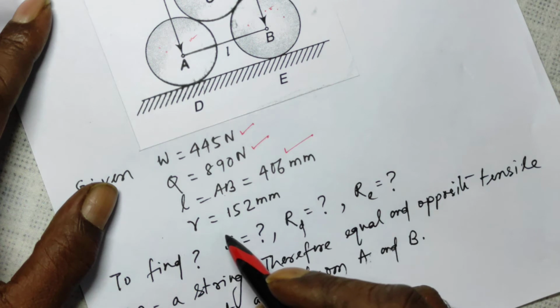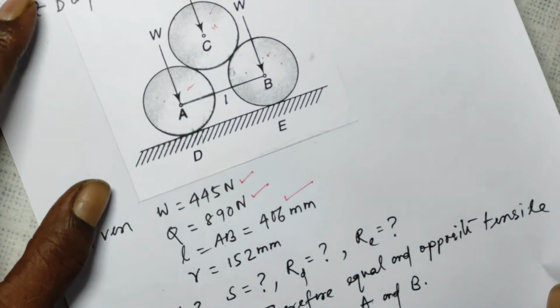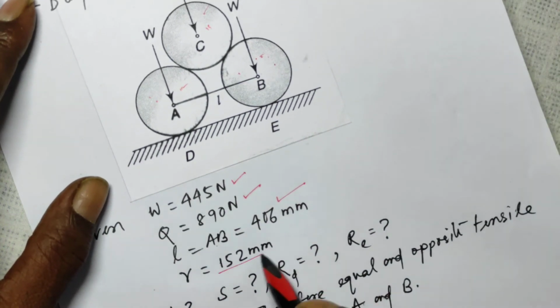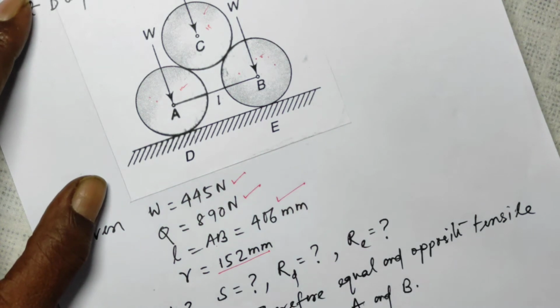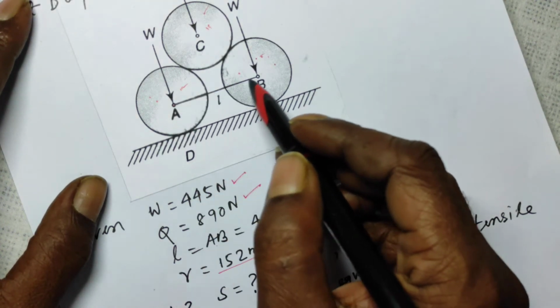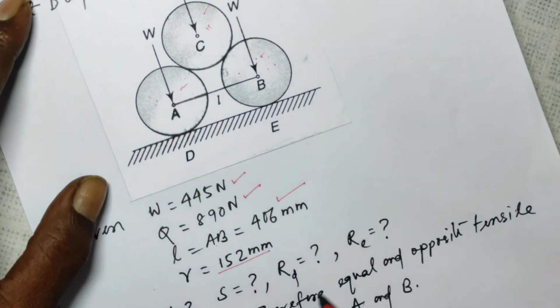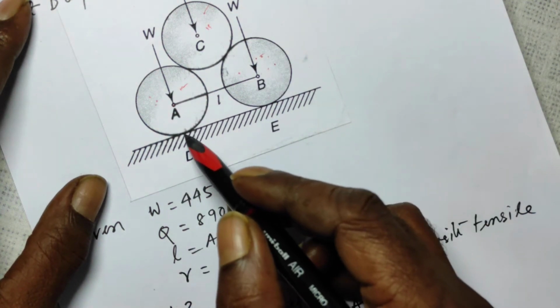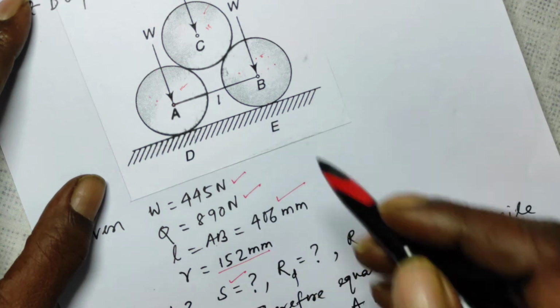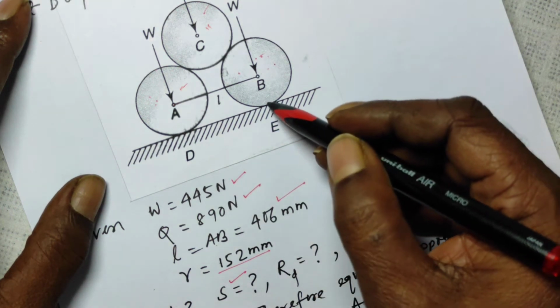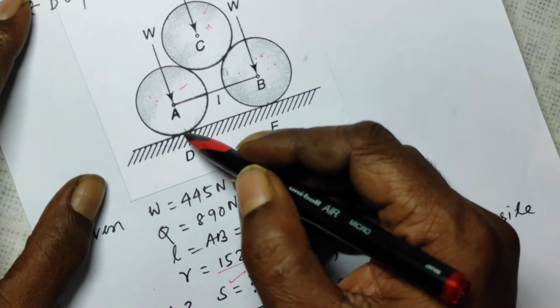And the radius of each cylinder is 152 mm. And what is to be found out? The tension force developed in the string AB connecting these two cylinders, and the reaction force at the point of contact D and the reaction force at the point of contact E.